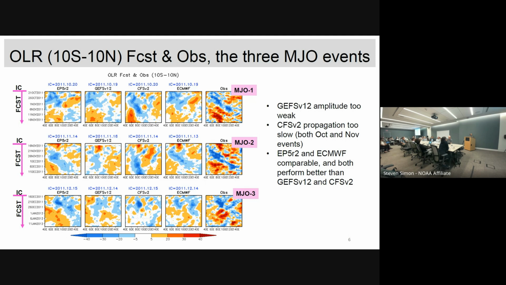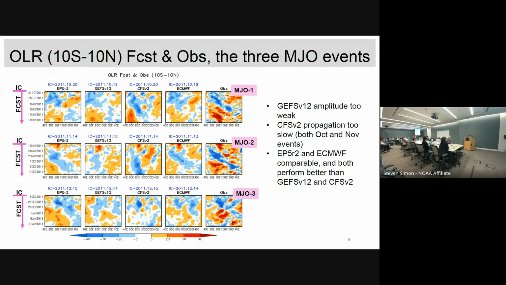For these events, we can see the EP5R2 and the ECMWF forecasts capture the eastward propagating convection for the entire event, and both forecasts are better than the other two models, GEFSv12 and CFSv2.